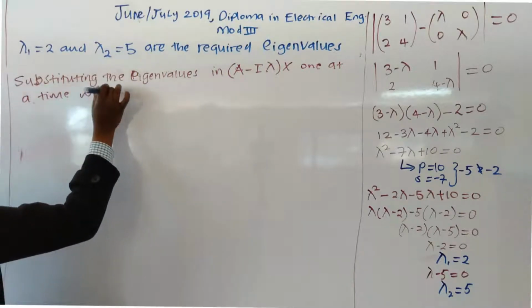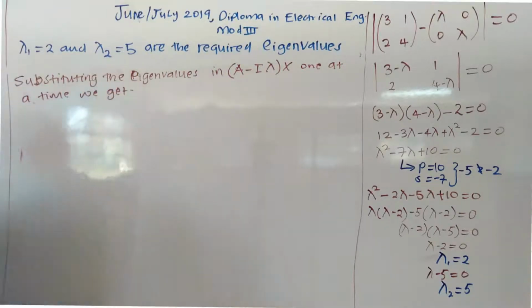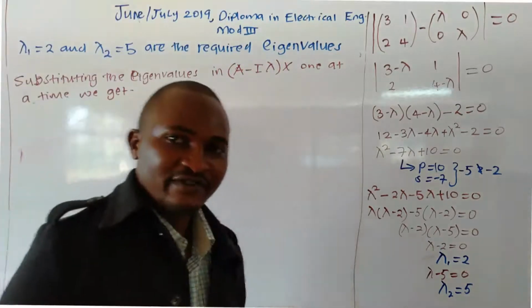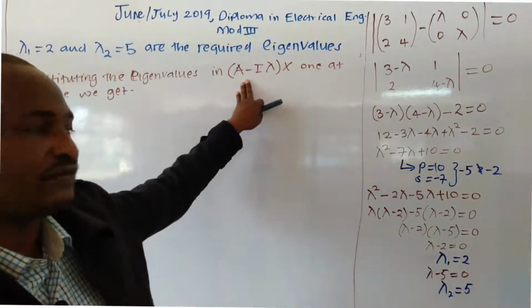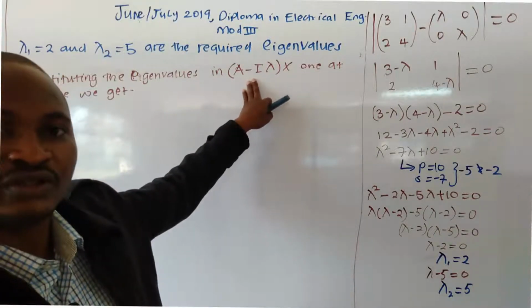So now we need to get the eigenvectors. To get the eigenvectors, we are going to substitute the various eigenvalues we have obtained in this equation.